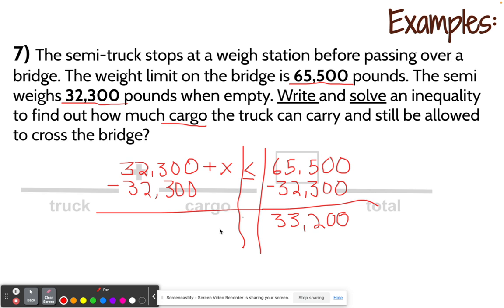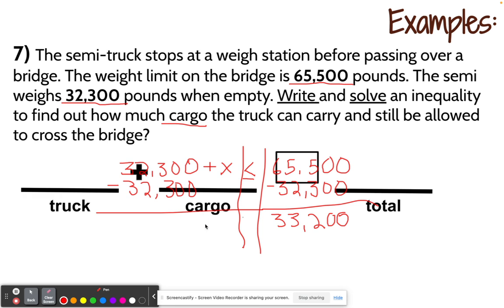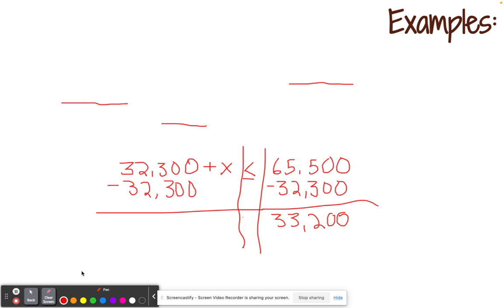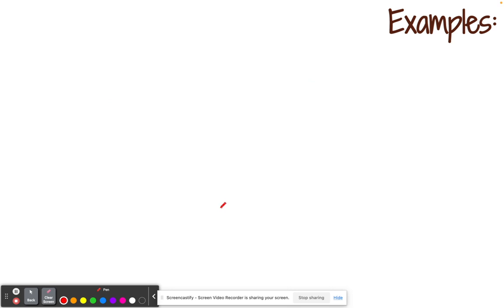So x is less than or equal to 33,200. Oops, apparently I have something there. Let me see if I can back that up since I lost my example. I don't know that I can, unfortunately.